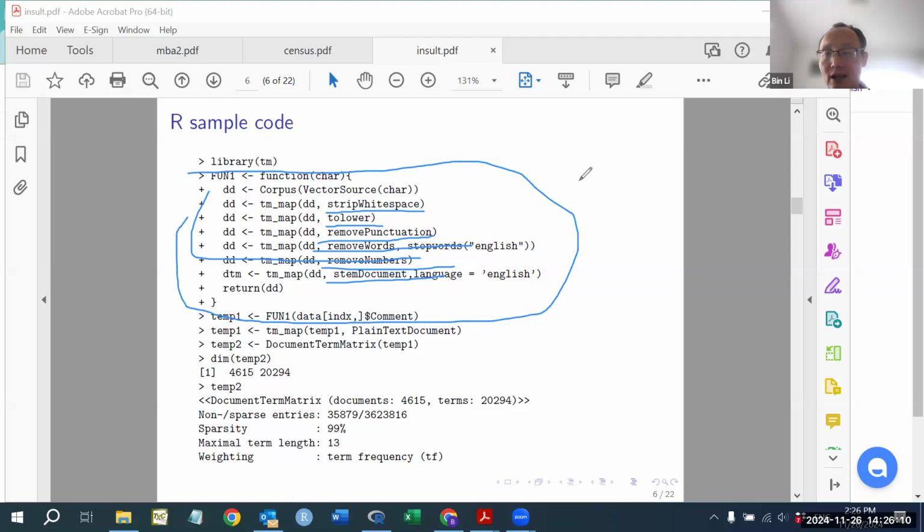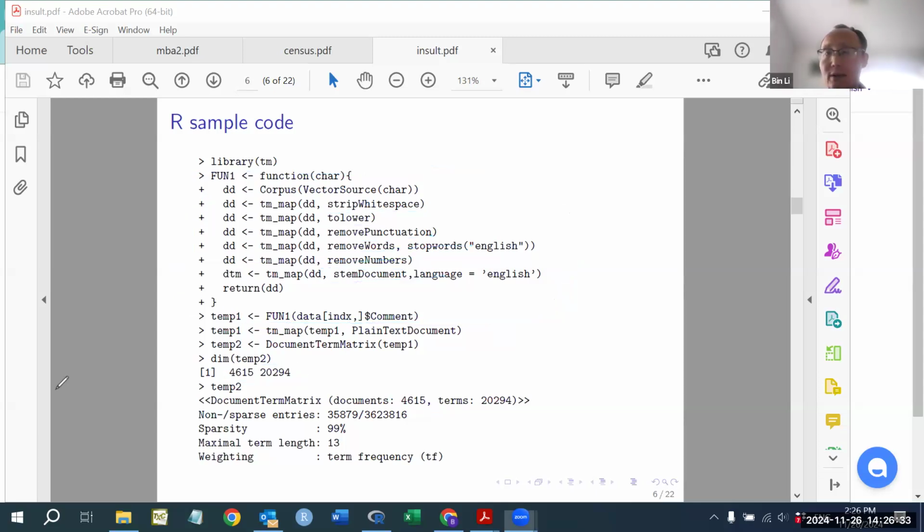Okay, so after all these steps, this is our training set. For the training set, we have 4,615 commentaries. And how many words do we have? After doing these steps, we have over 20,000 words. Okay, so that's the first step, pre-processing.